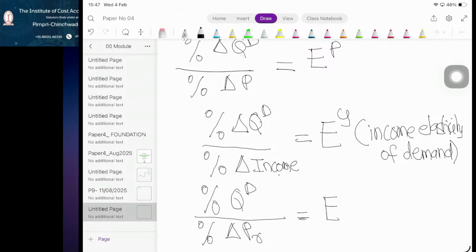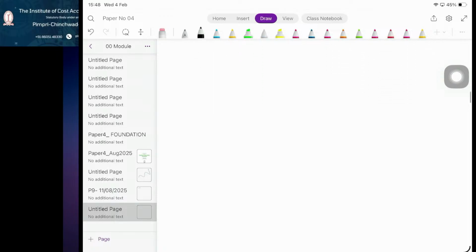Okay, this is called cross price elasticity of demand. Okay, so let's just put it here.